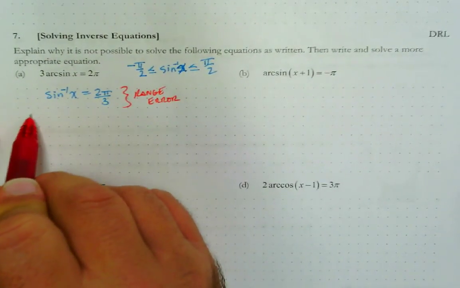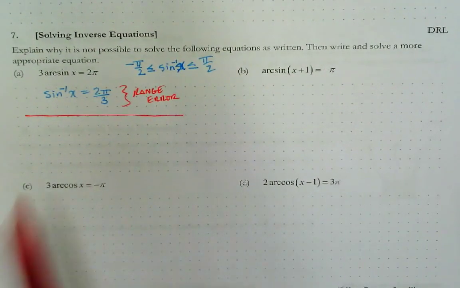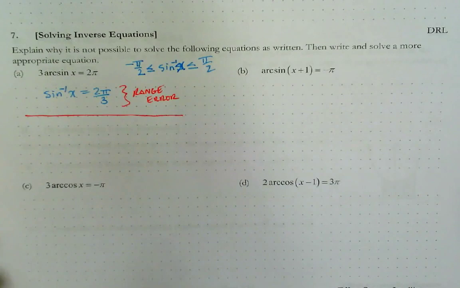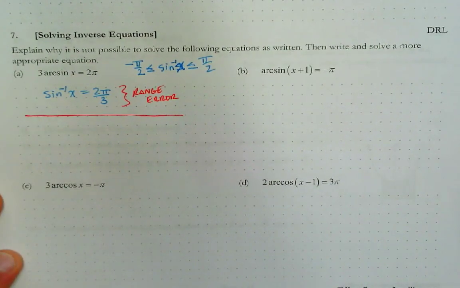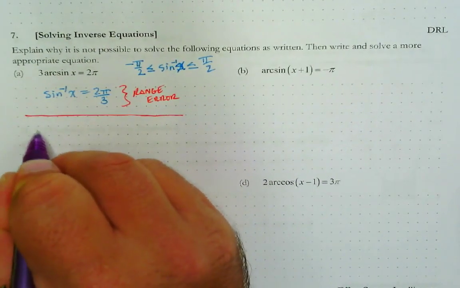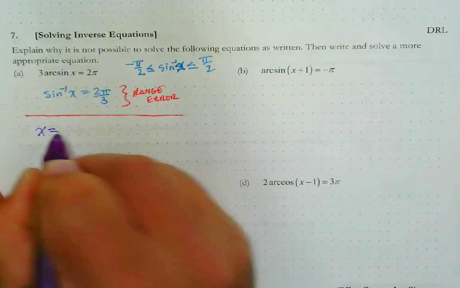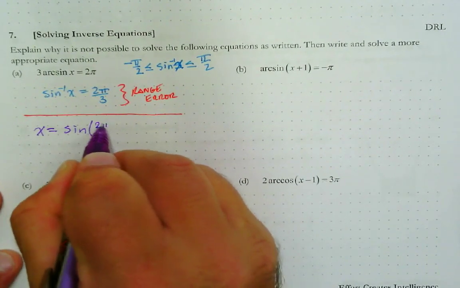However, we can think of still undoing the inverse sine and kind of what this represents. What this represents is that I could think about this as saying, hey, that x has to be the sine of 2 pi over 3.